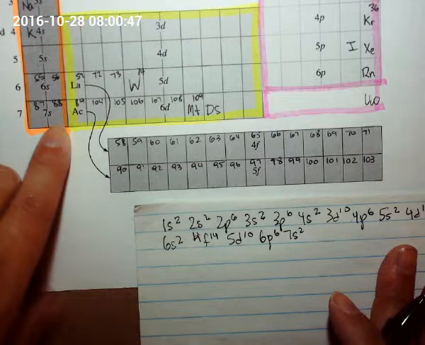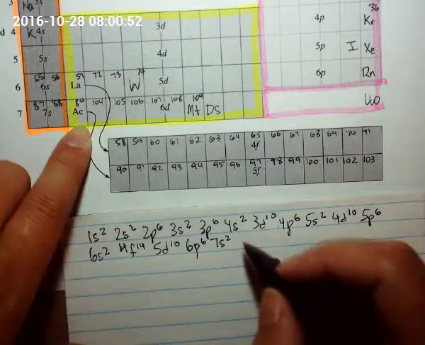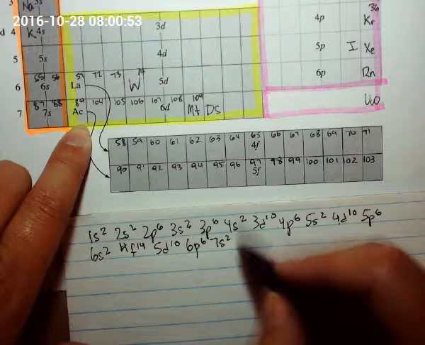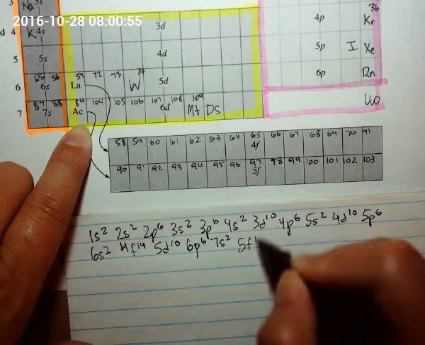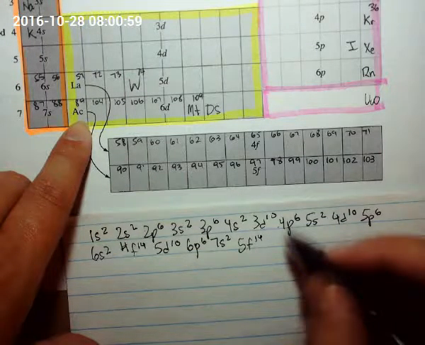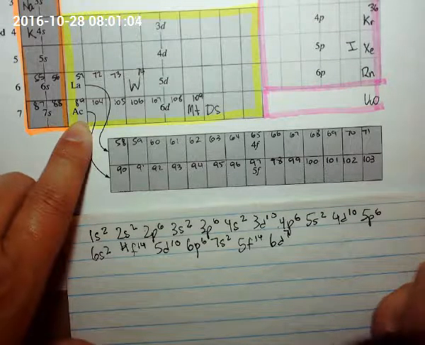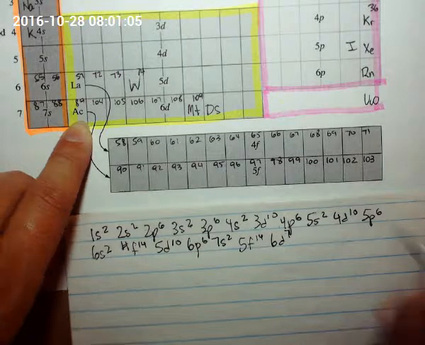So after 7s2, where do I go? I'm gonna do, you're gonna do 5f14 next. Okay, I'm okay with that. And then you're gonna come back and do 6d7. What? What's wrong, Victor?